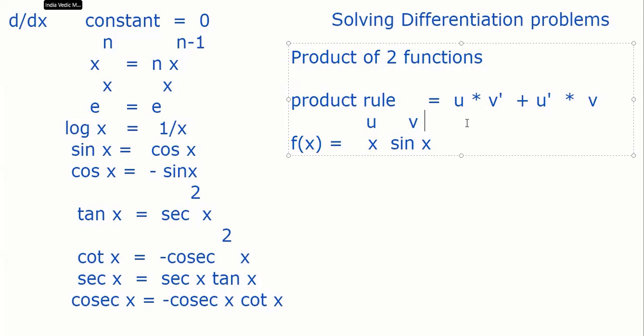See, it's a very simple rule. So first function into differentiation of second plus differentiation of first into second. So one time differentiation of first, one time differentiation of second. That's it. Any order is okay.